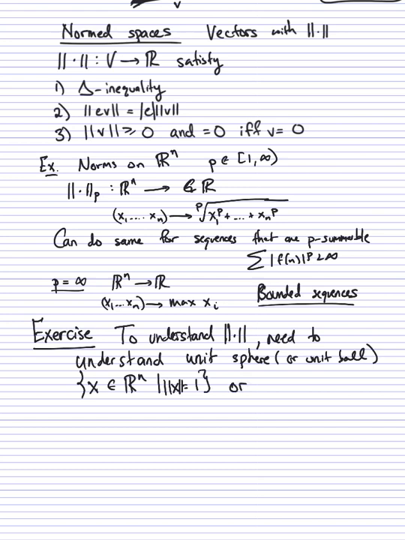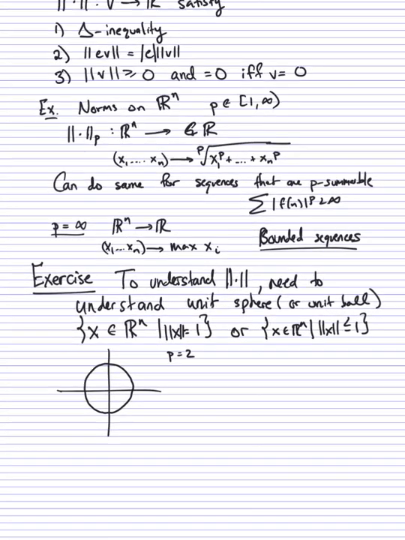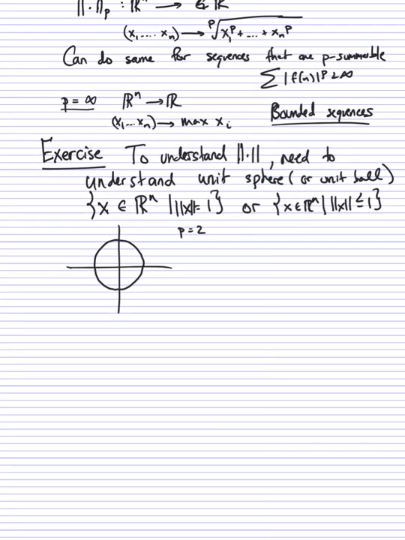Or if you want the ball, the x in Rn where the norm of x is less than or equal to 1. I'll draw the p equals 2 case. In this case, you're looking at the unit sphere in the usual norm, and the unit ball would just be the filled-in unit disk in R2. You'll have a similar picture for R3, or Rn even.